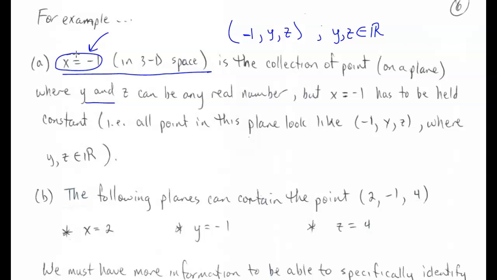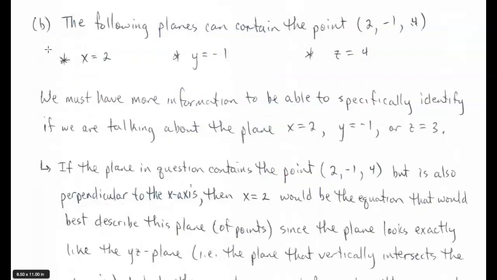In 2D space, x equals -1 is a vertical line. In 3D space, x equals -1 is a plane, okay? All right, and so in this case, if I wanted to describe all the points that have the same x coordinate of -1, I could just call the plane x equals -1, and that's all I have to say.